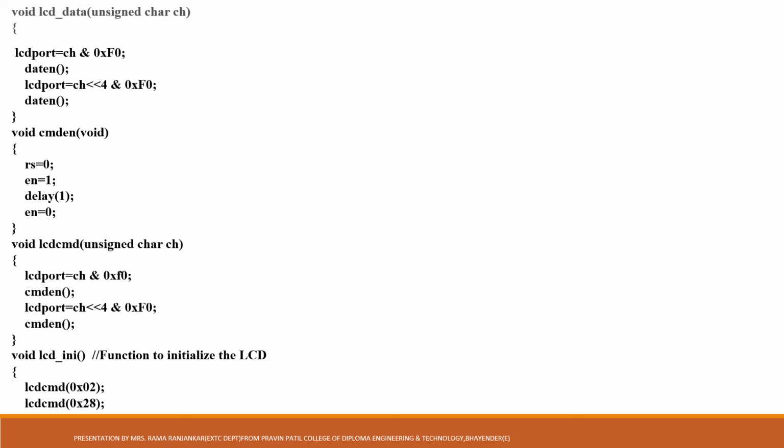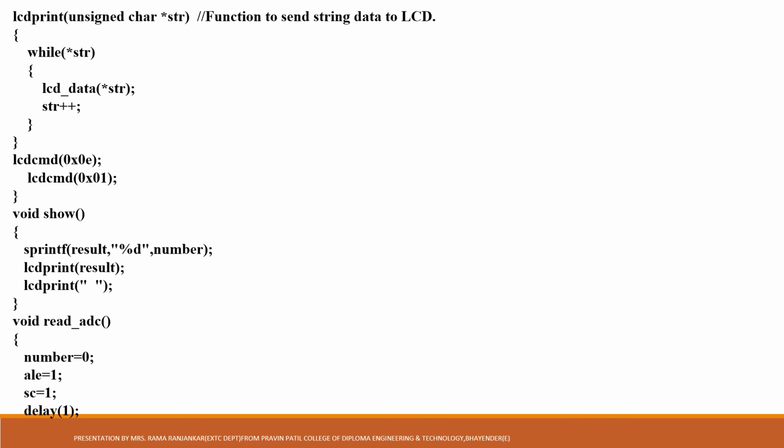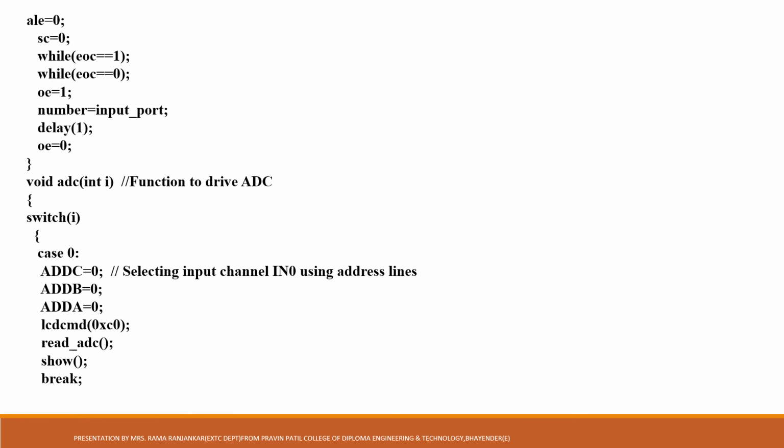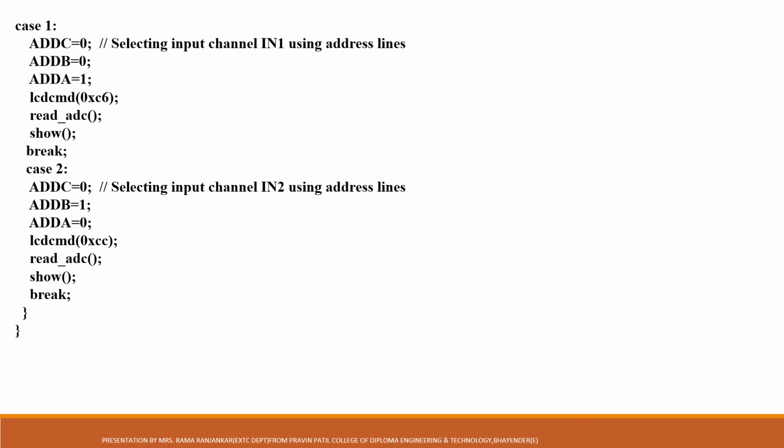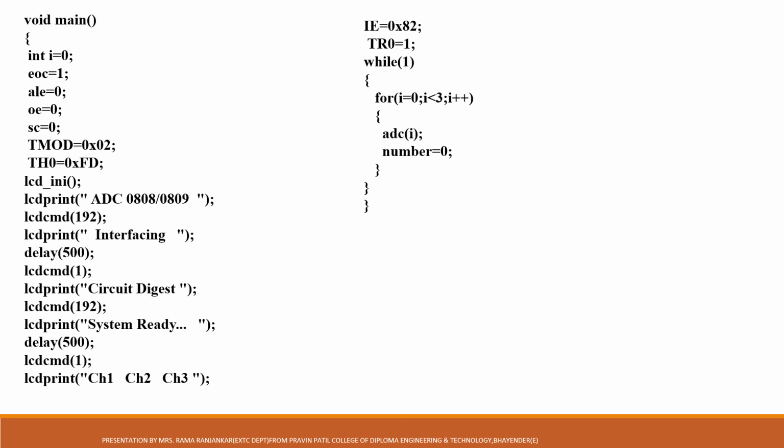LCD commands are initialized in this part, and this is the main program. Start the start of conversion. Until the conversion is done, you have to check. Check the address lines, check the LCD command ports, and finally after conversion this is displayed.